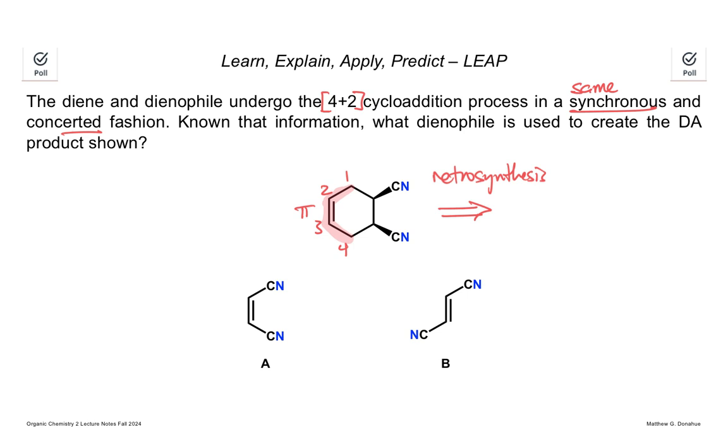So those 4 carbons are going to make up the diene, which means in the backward sense, carbons 1 to 2, 3 to 4 must have pi bonds. And that gets us back to our 1,3-butadiene.